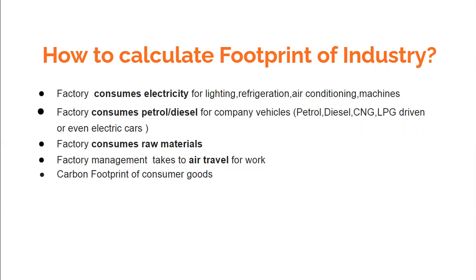The difference between a household setup and an industrial setup is that the industry would be consuming electricity in a big way for running its machines and for air conditioning. Other things like electricity for lighting, refrigeration, for lifts, they also would consume a certain portion of electricity. Electricity would come from the grid. Knowing the emission factor from the grid electricity, one can compute the carbon footprint for this sector.